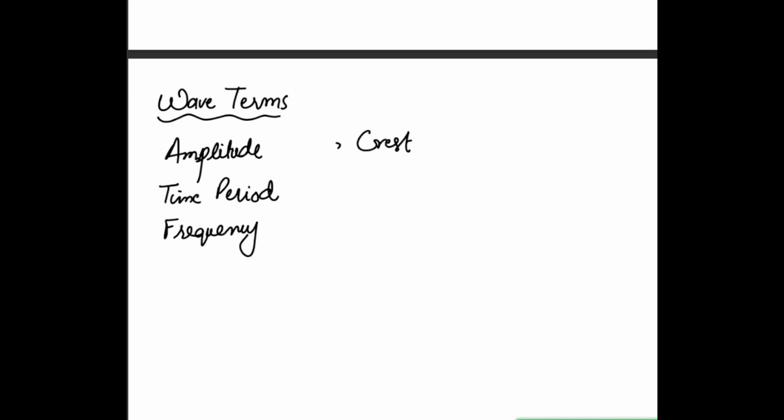I will only be explaining what each word means. The terms we have are amplitude, then time period, then frequency, then crest, trough, and then phase.